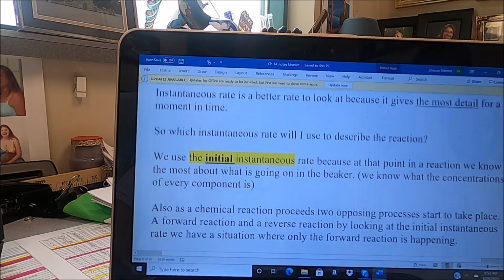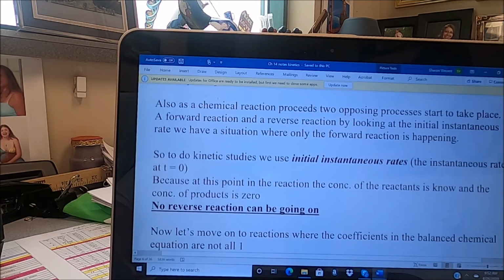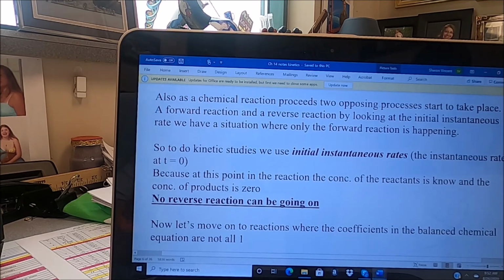Okay? Now, as the reaction proceeds, and we'll start talking about this more in chapter 15, as products build up, reactions can actually run in reverse. So as the concentration of product builds up, you start to see two reactions happening in the reaction vessel.